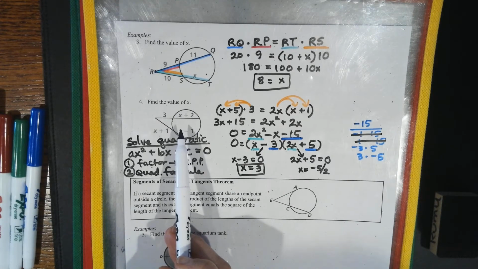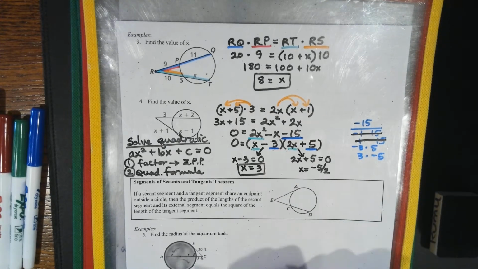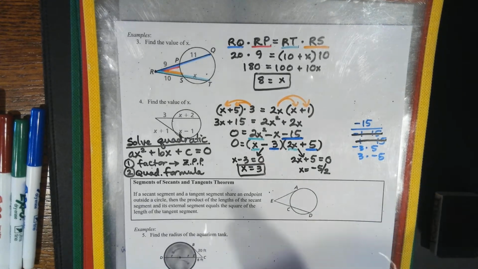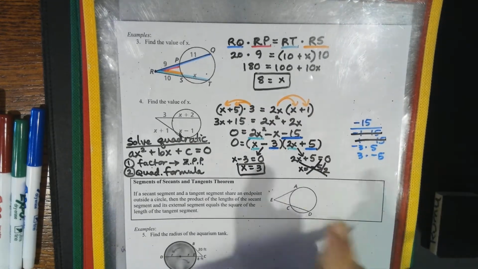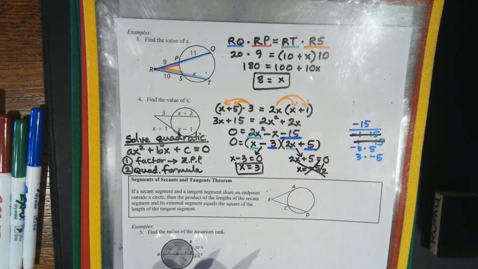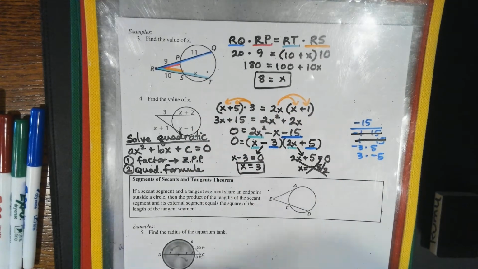No. So sometimes you'll get an answer, but it doesn't work. It doesn't give you a solution that makes the equation true. So even though we got this answer, we're not going to enter that into Big Ideas. That's not going to give us a true statement. So it's x equals 3, and that's it. So any questions right now?